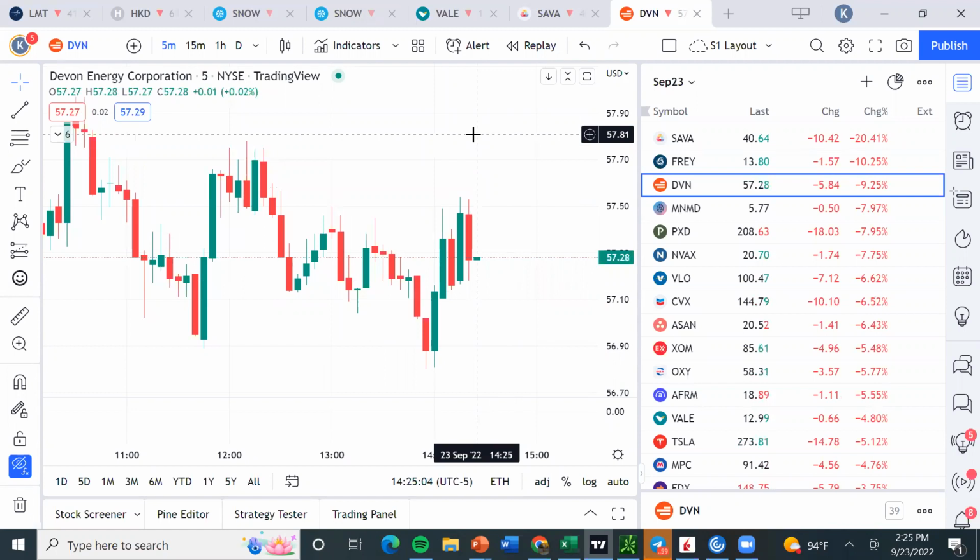So if SPY comes to 365, then I will close all these things and then we can enter the other side.